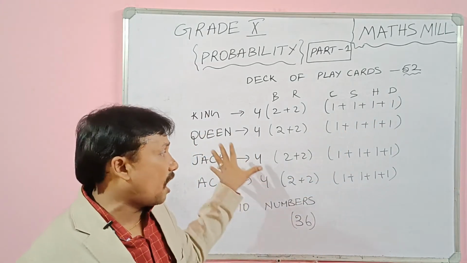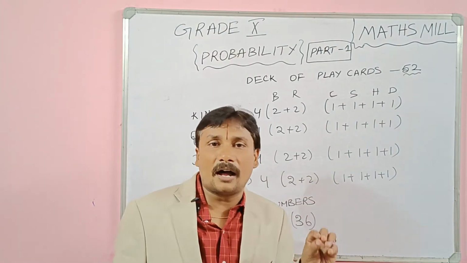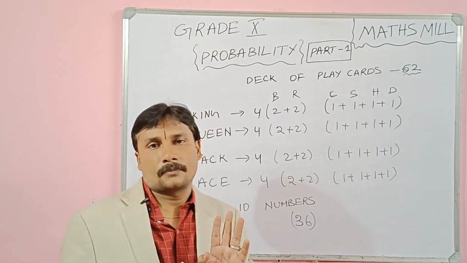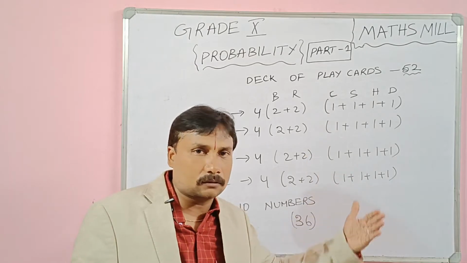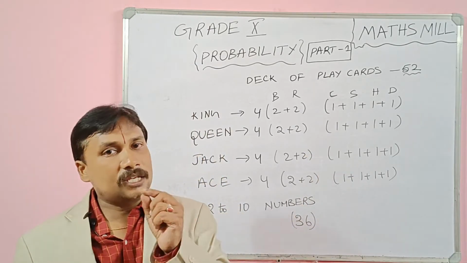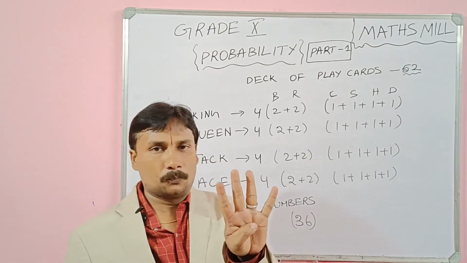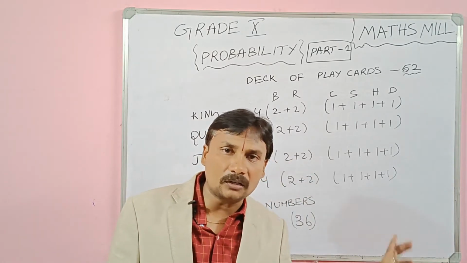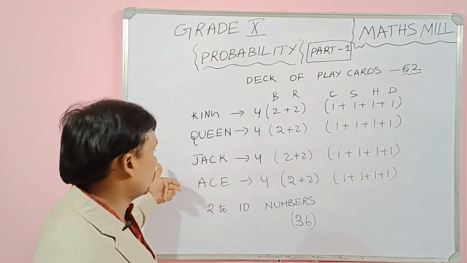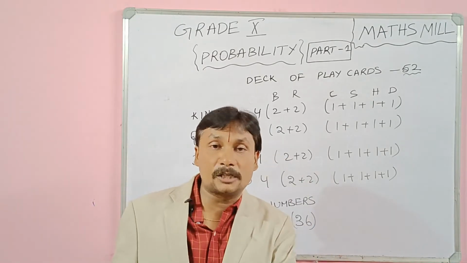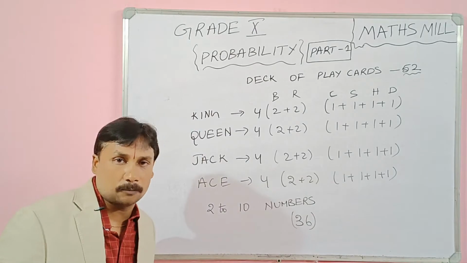Like that all the 13 cards have the segregation. So each card has 4, 13 into 4, total 52. Kings 4, queens 4, jacks 4, aces 4, 2's 4, 3's 4, 4's 4.